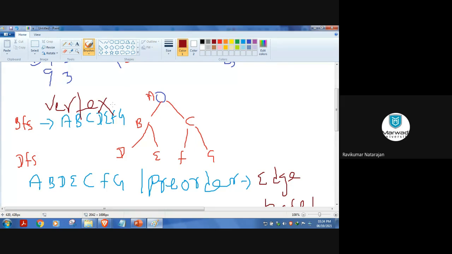In a level, I count how many vertices there are, then I visit those vertices. That's why it is vertex-based. In DFS, it might keep on going, so I count the number of edges. If there are more edges, I'll keep on visiting. That's it. If a difference is asked in a 4-mark question, you should mention all these 4 points.